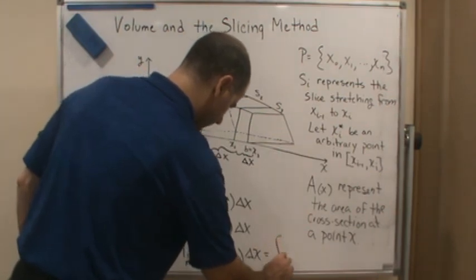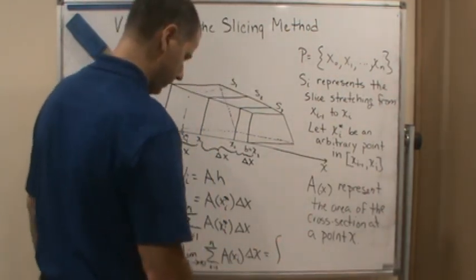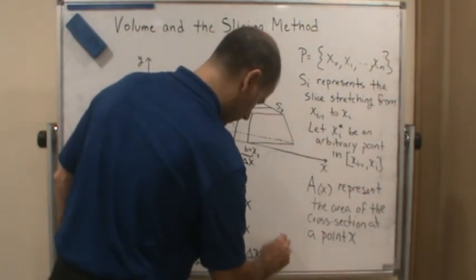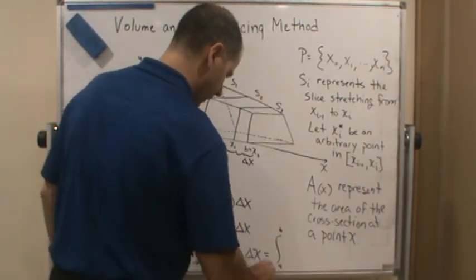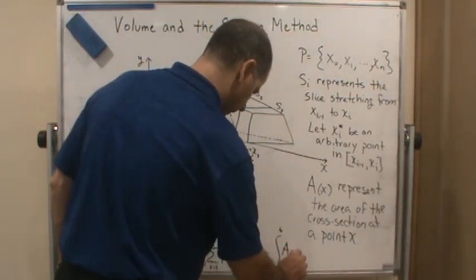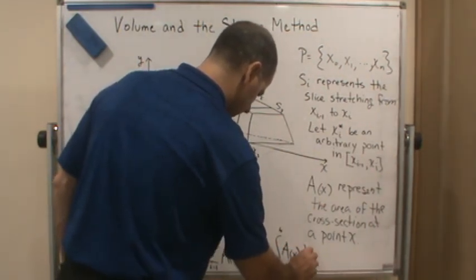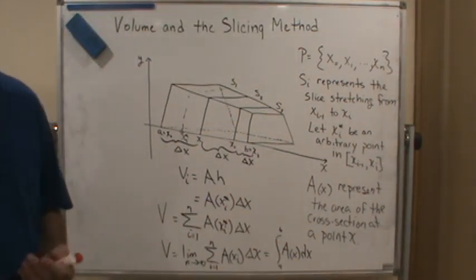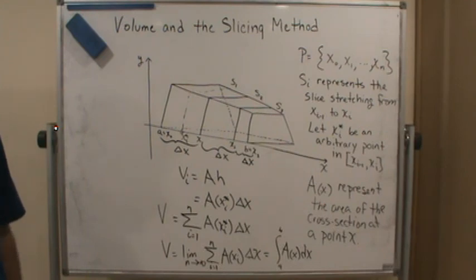We get the integral from A to B, because this is on a closed interval from A to B, of A of x dx. And that's how we're bringing integration into this.